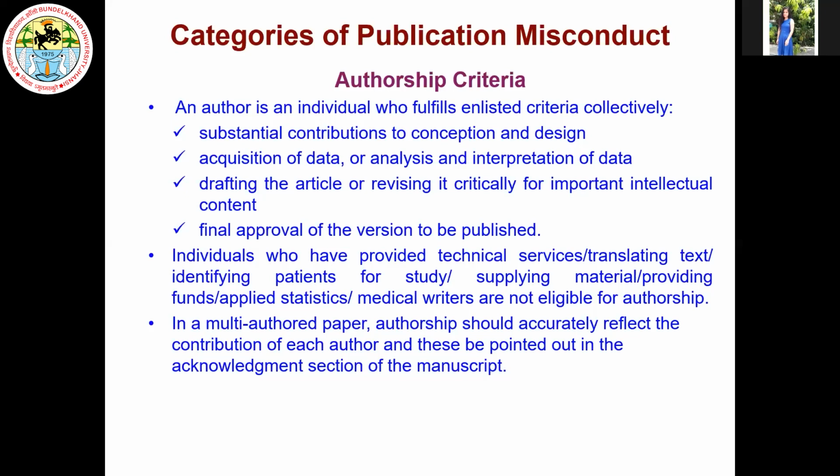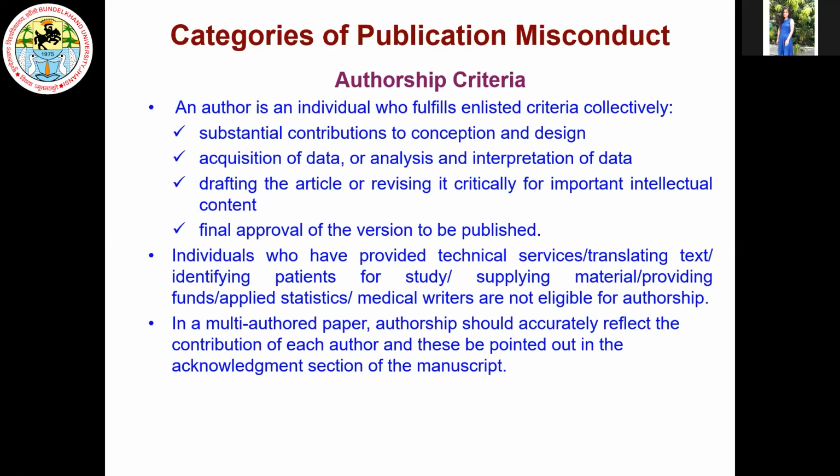Now the second point: individuals who have provided technical services, translating text, sometimes we translate, identifying patients for study, supplying material, providing funds, supplying statistics, or medical writers, they are not eligible for authorship.